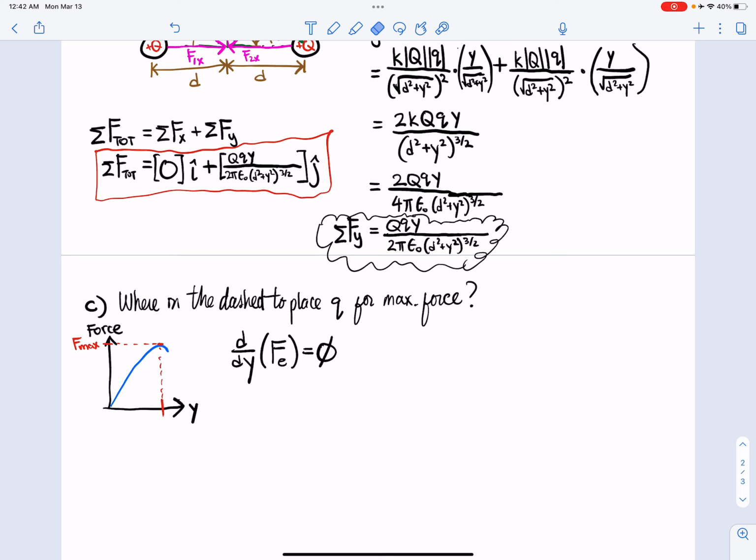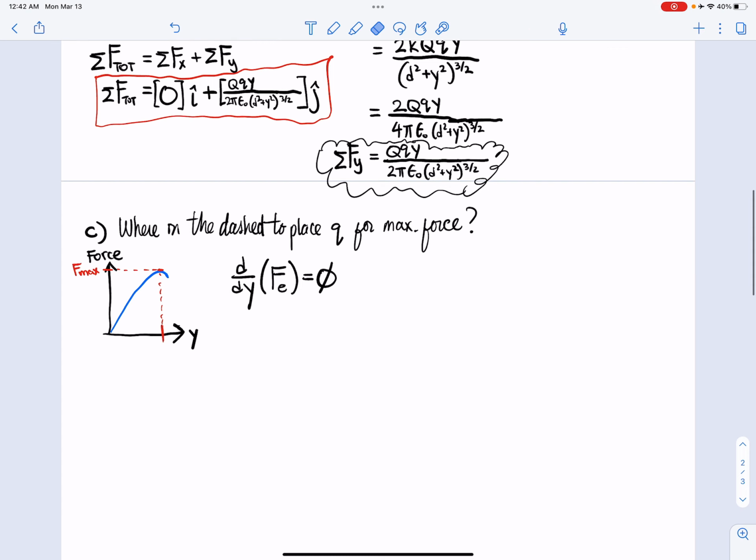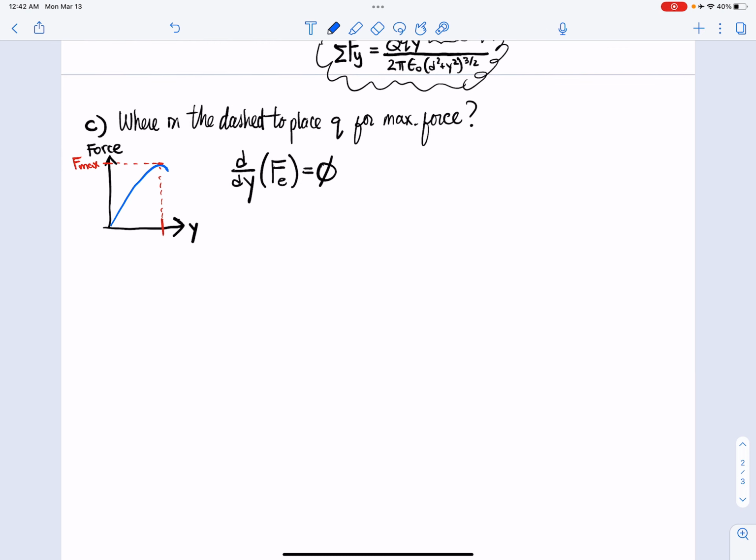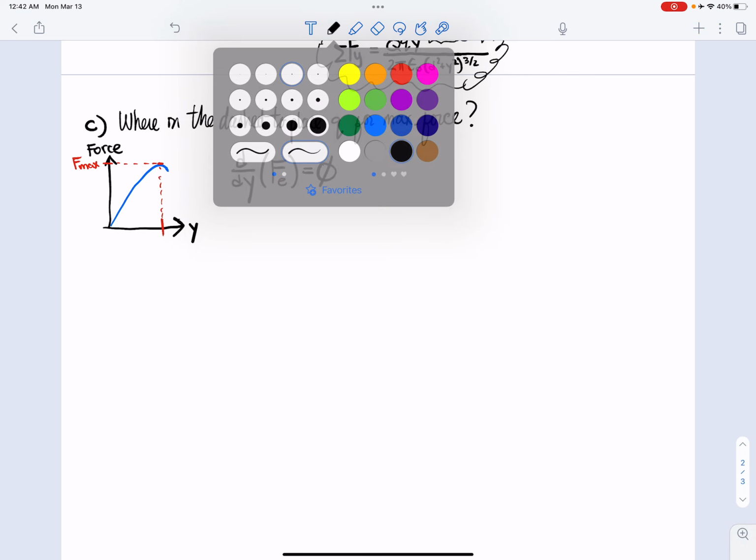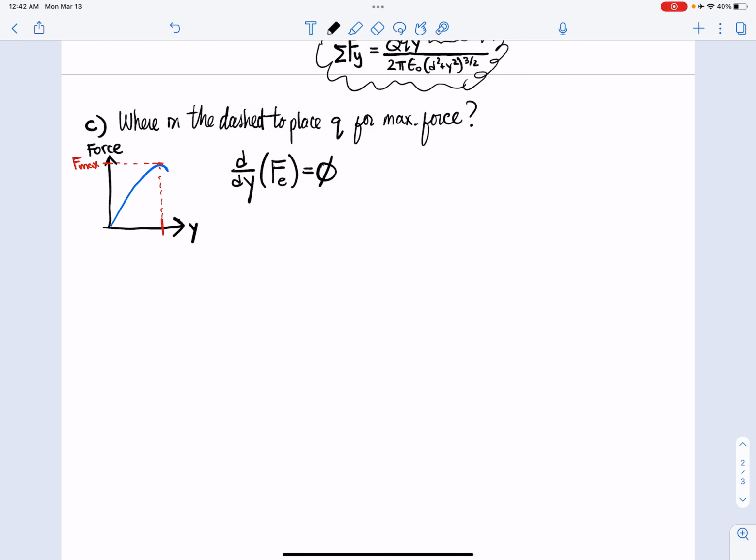In a maximum, we want to find where it changes from positive slope to negative slope. So that's the reason why I want to choose that d over dy of F equals 0.